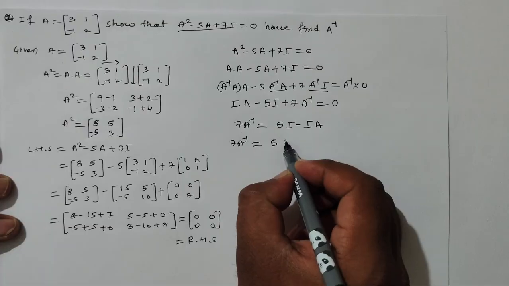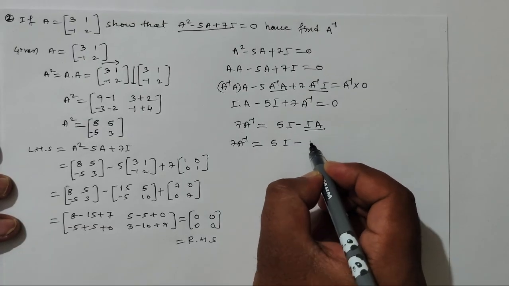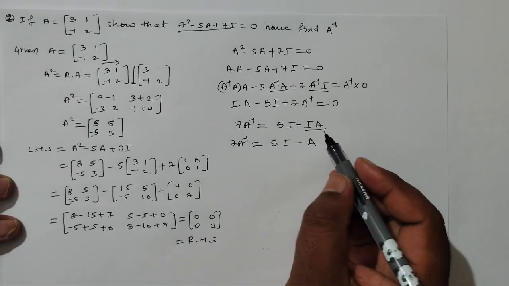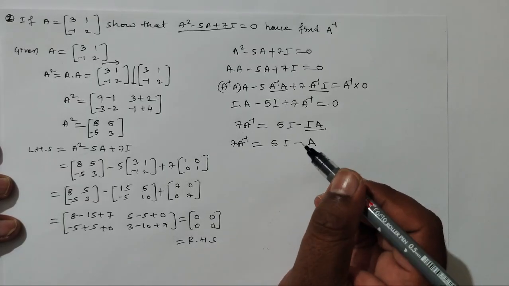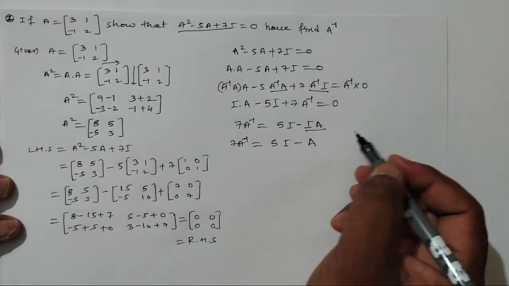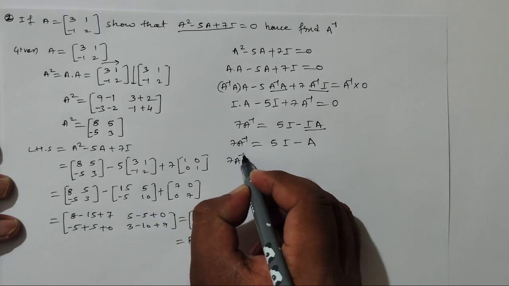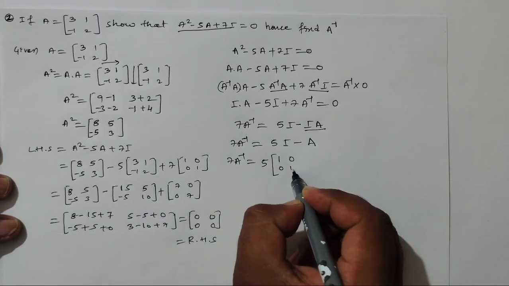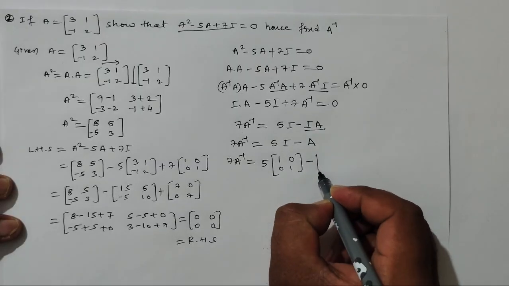Okay, see, 5I and identity matrix into A becomes what? A, right? Any matrix multiplied by the identity matrix gives the same matrix as the answer. 7A inverse is equal to 5 into what is identity matrix? 1 0 0 1. Minus what is A matrix?